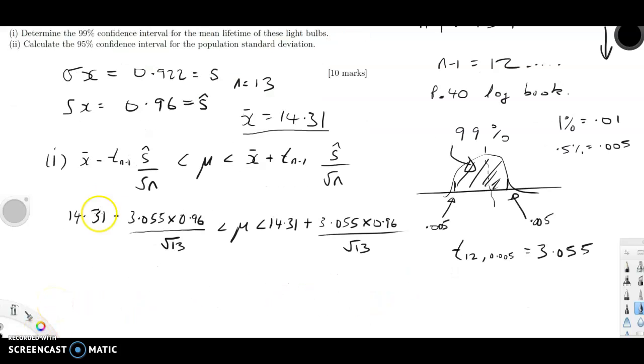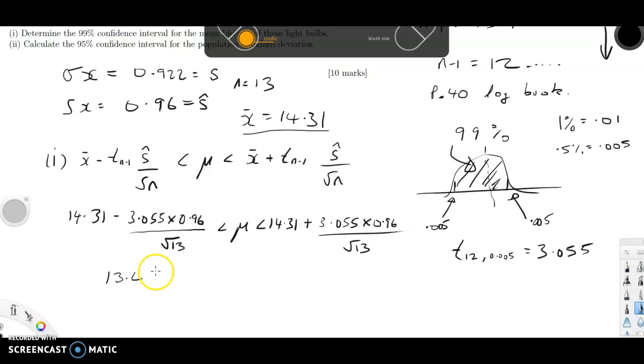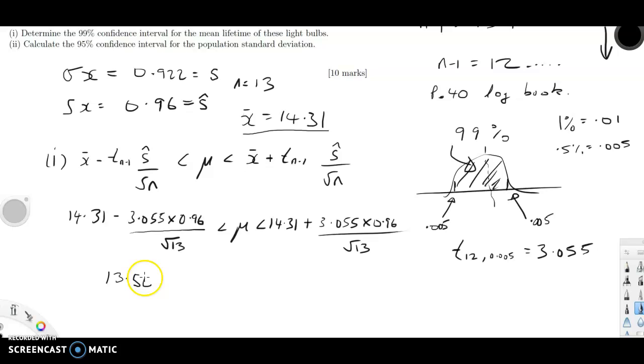When we do up the calculation on the left hand side, we get 13.496, etc. We can round that to 2 decimal places and end up with 13.50. So the population mean is greater than that.